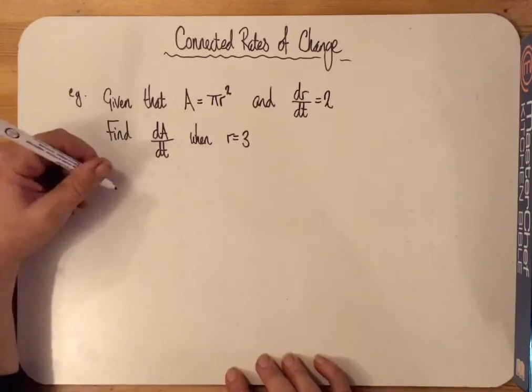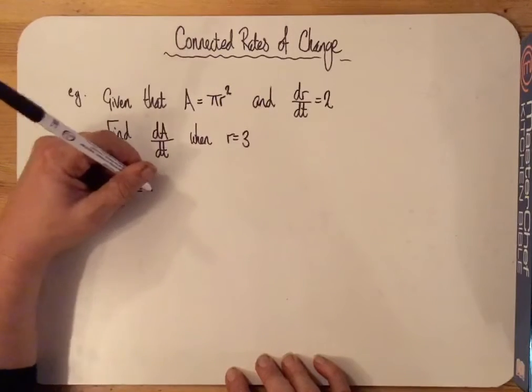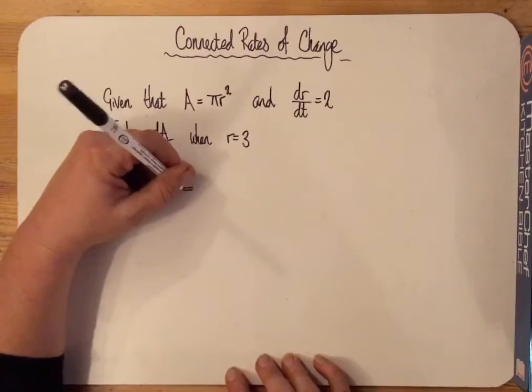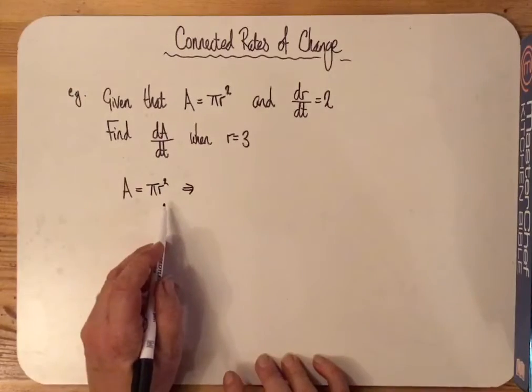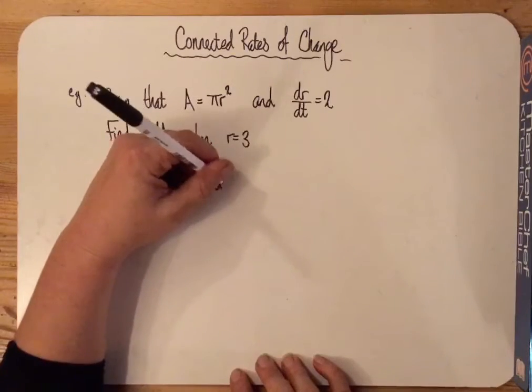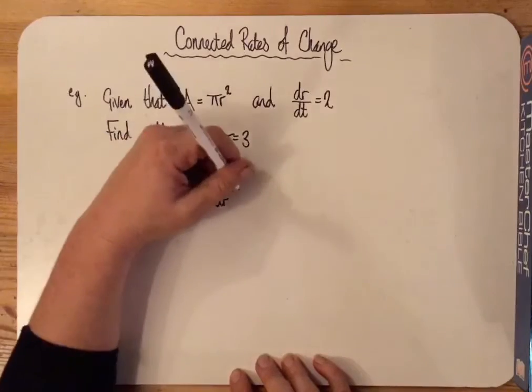So your first step is nearly always, I'm not guaranteeing this, but nearly always, you need to differentiate the area or the volume with respect to the variable it's defined by. So I need to differentiate A with respect to r, which gives me 2 pi r.